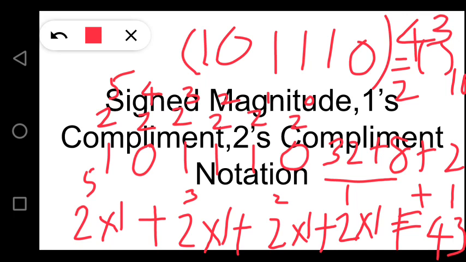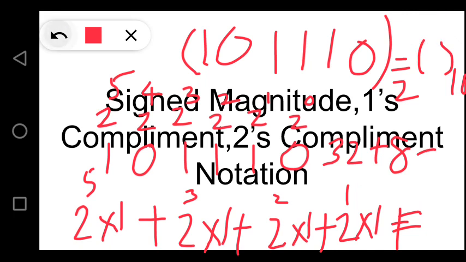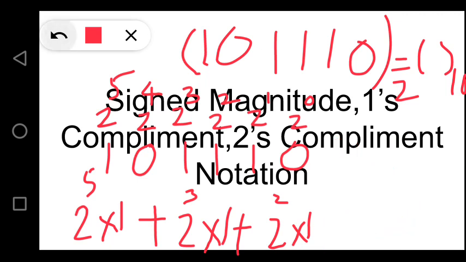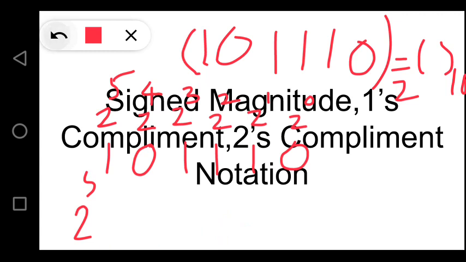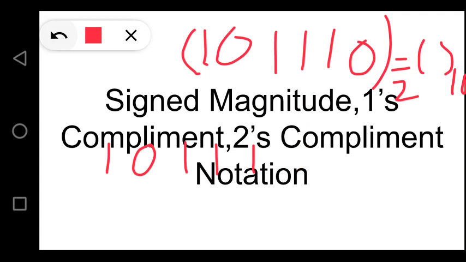So, how to derive a decimal number from the given binary number. If you are clear about this conversion, then we can move further to discuss how to implement 1's complement.